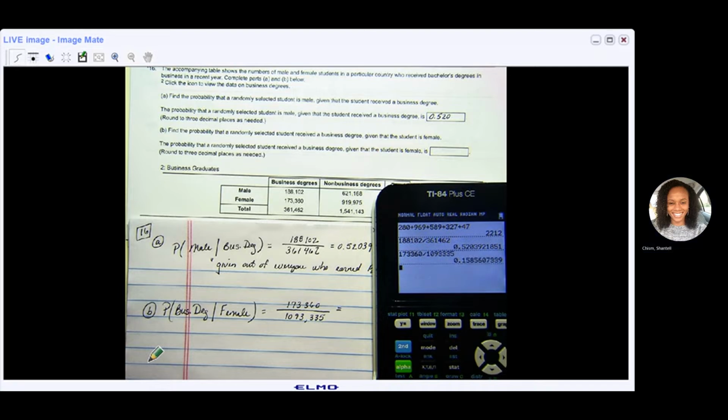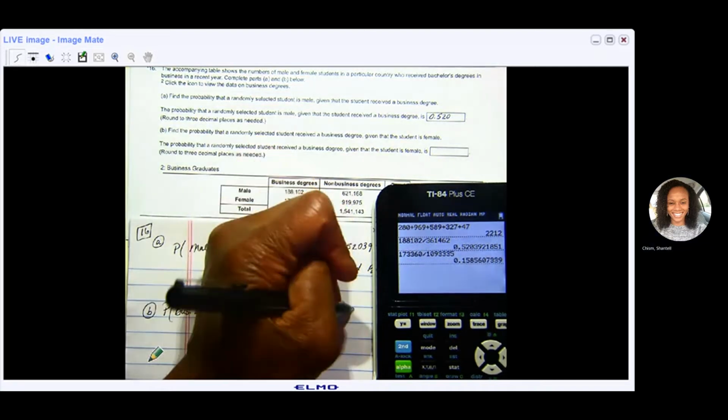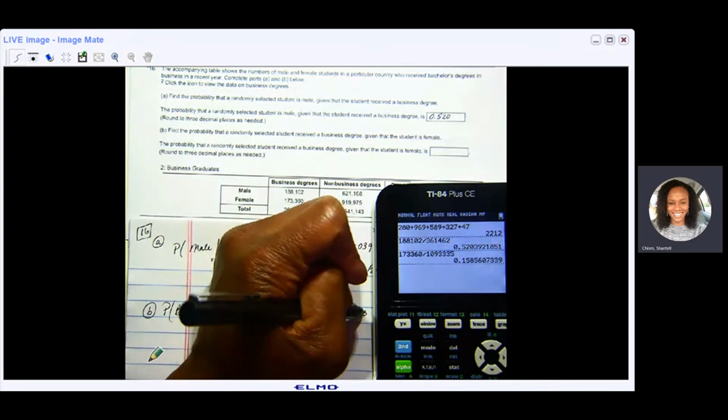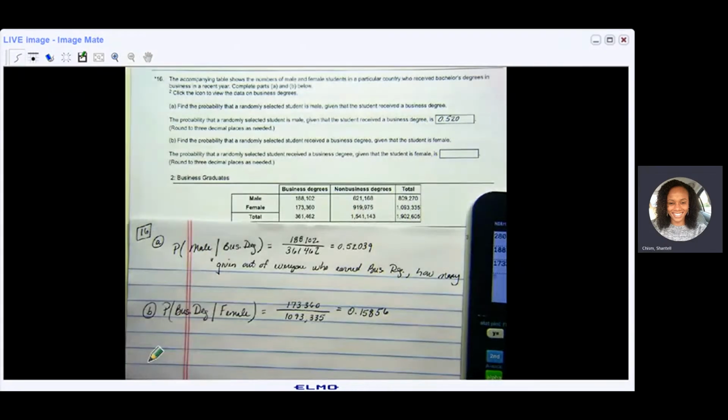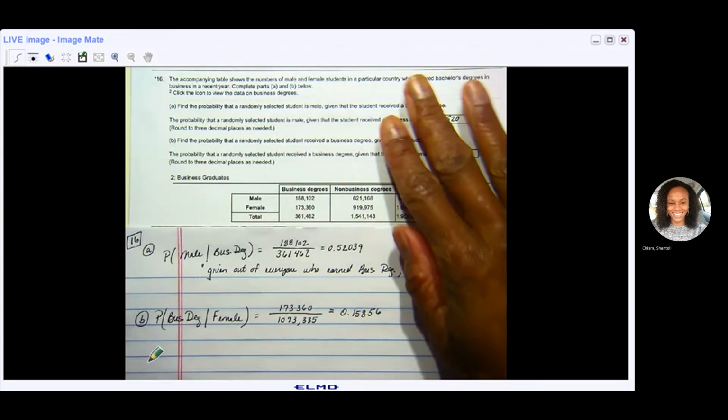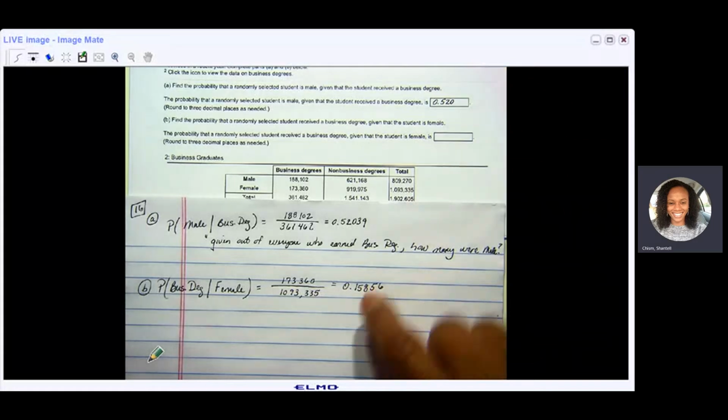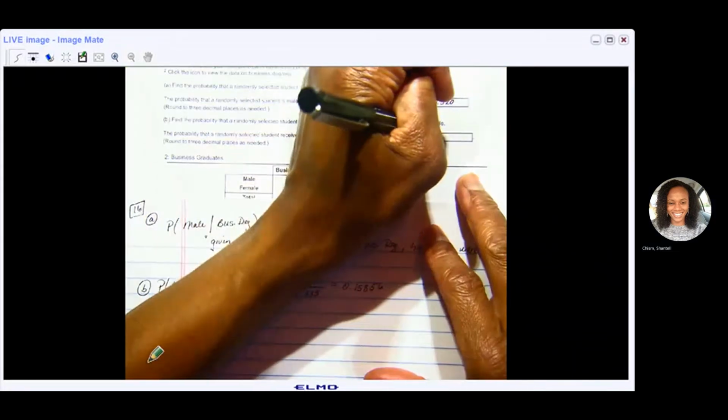We get 0.15856. So that would be rounded off to 3 decimals, 0.159.